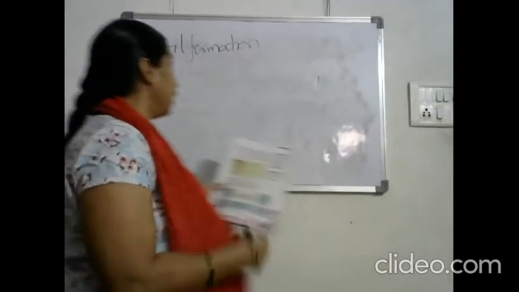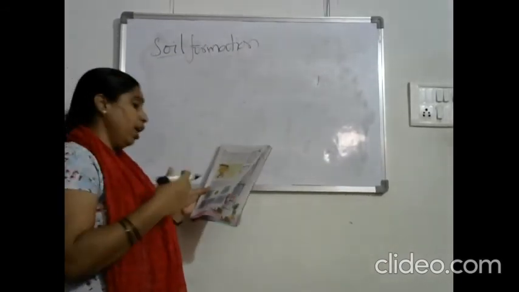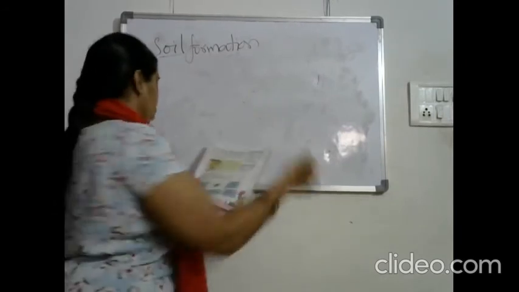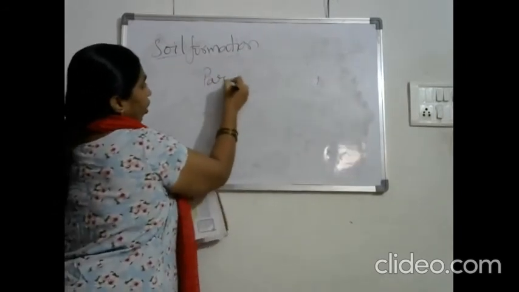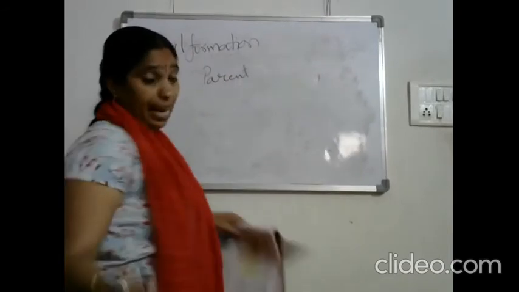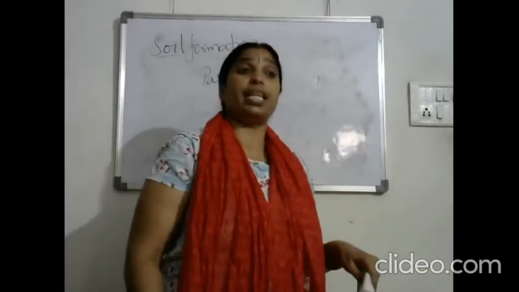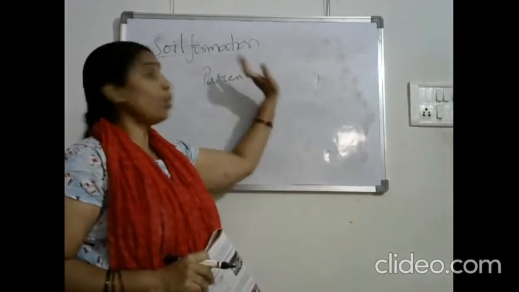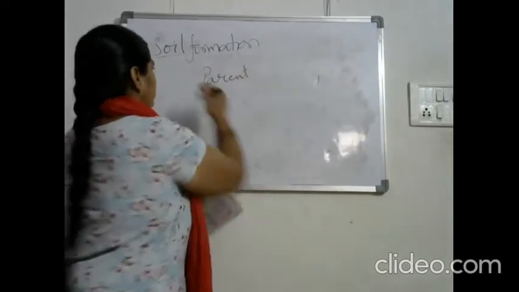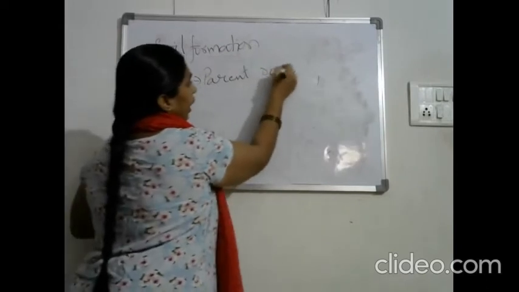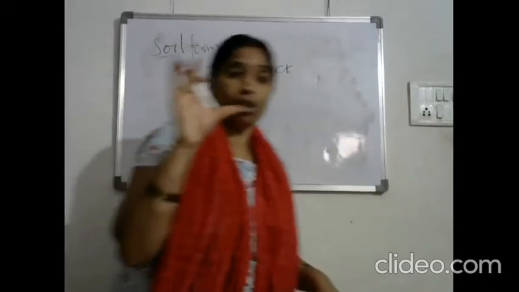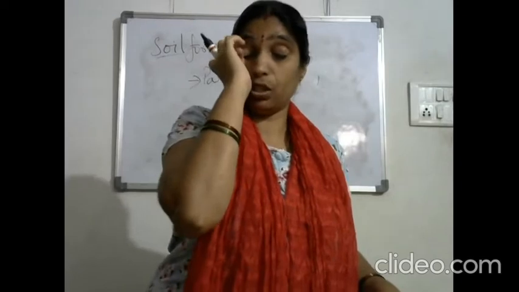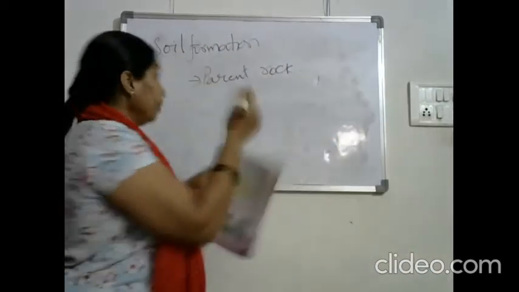Now, what are the factors that lead to the soil formation? Those are parent rock. Now how can we say that laterite soil is there, mountain soil is there, black soil is there? How are these soils formed? Because of the parent rock. It depends on the rock through which the soil is formed, and the climate.